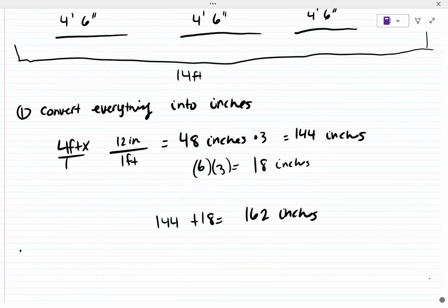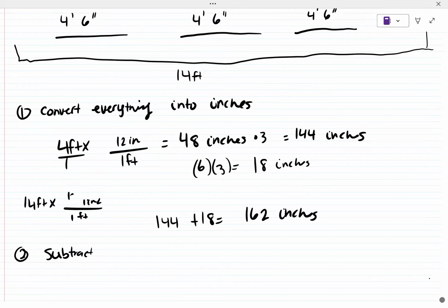Then what I'm going to do is subtract. Let's convert that 14 feet board into inches. So that's easy, right? Feet on the bottom, inches on the top.